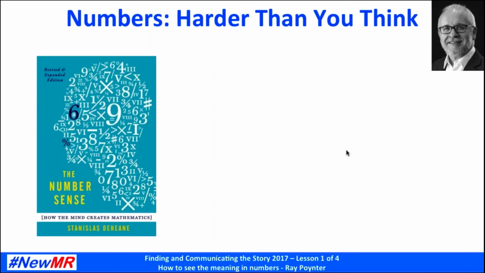So I'm going to start off with a recommendation for anybody who is interested in numbers, the complexity of numbers, and culture in particular. So this is a book that originated from France, The Number Sense. And what it tells you is that most people's sense of number is much worse than you expect.